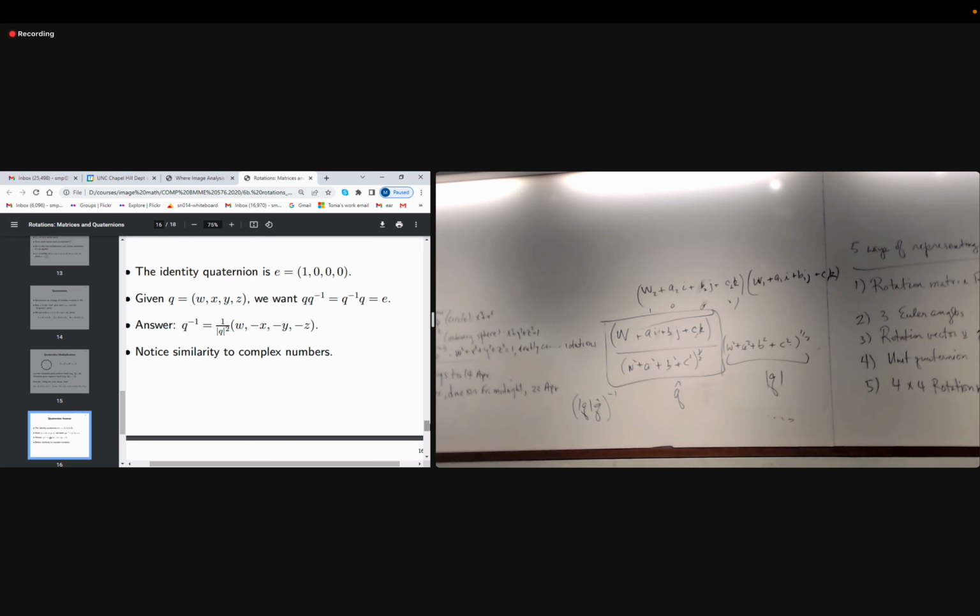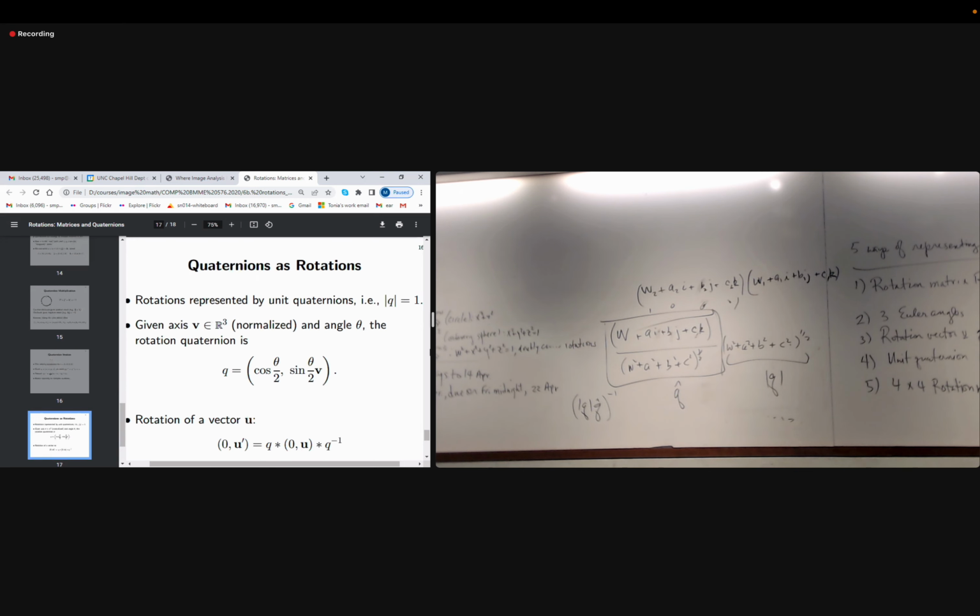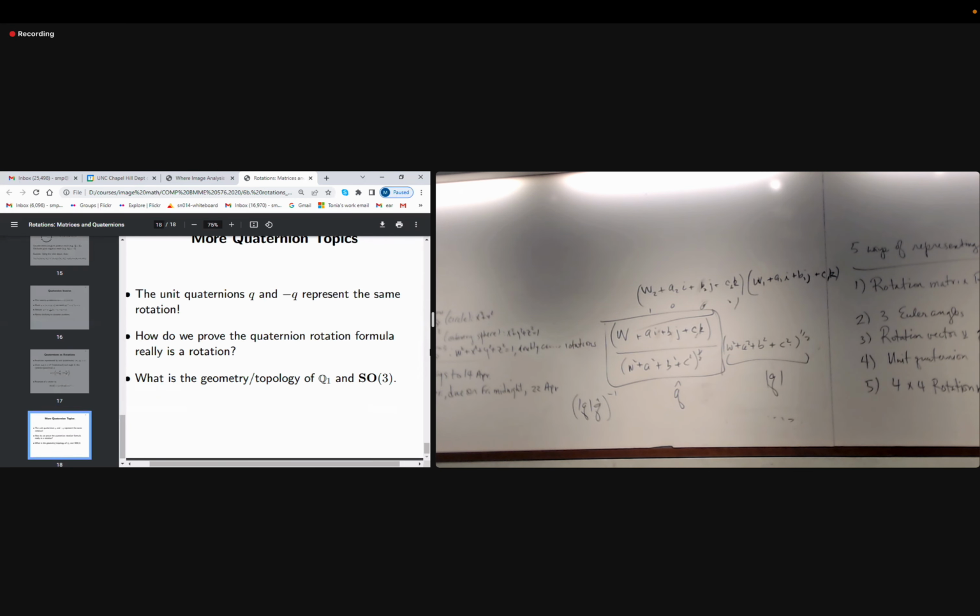Okay, so we have quaternions. They are a representation of rotations. q and minus q represent the same rotation.